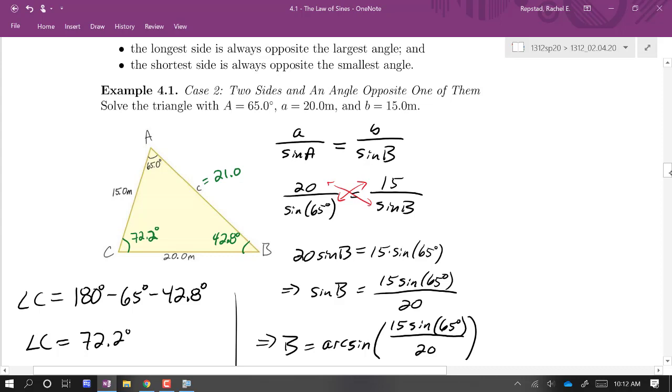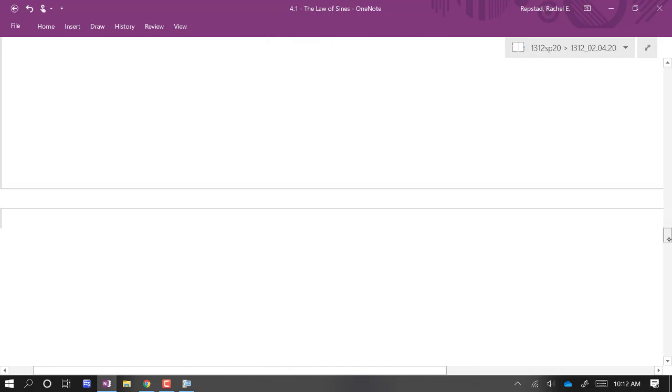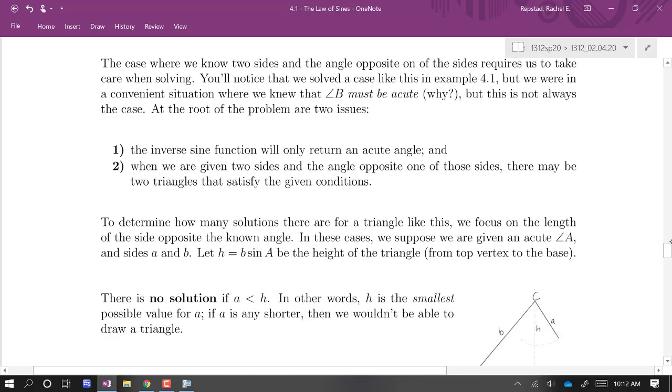There is sometimes ambiguity in the information that's given. If we are given two sides and the angle opposite one of those sides, sometimes there are two triangles that might satisfy the given information.